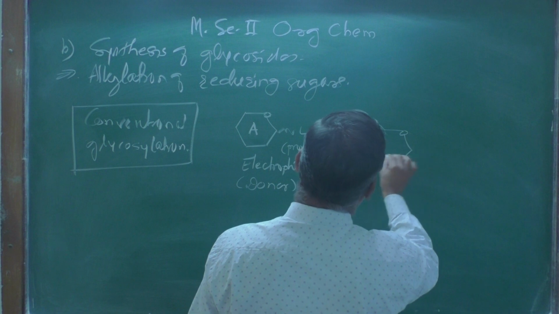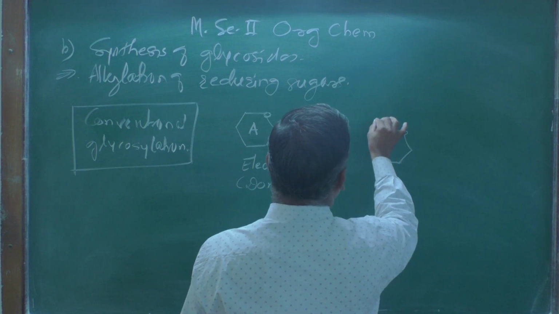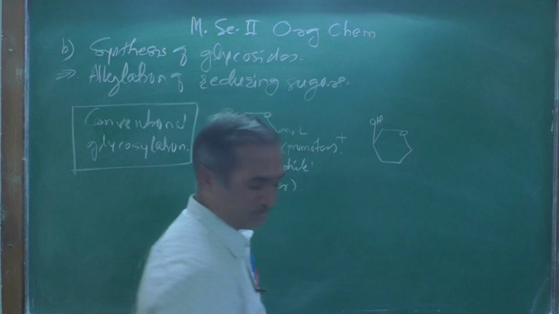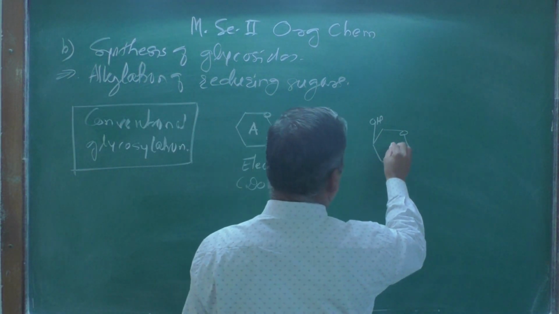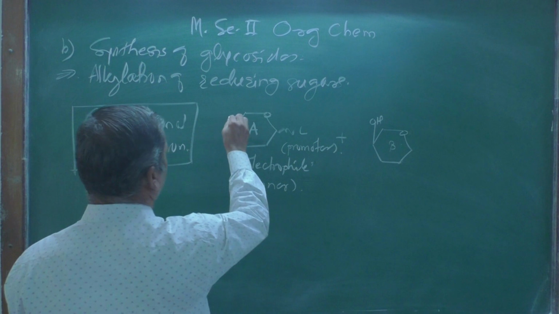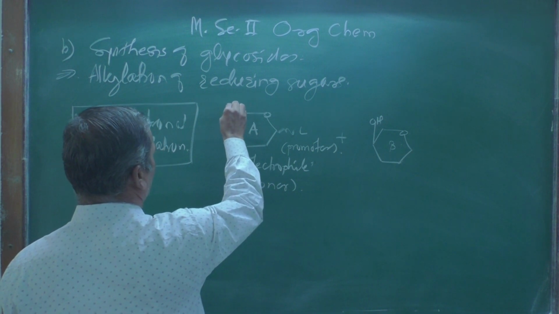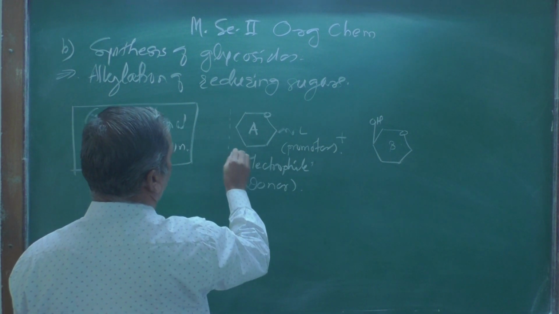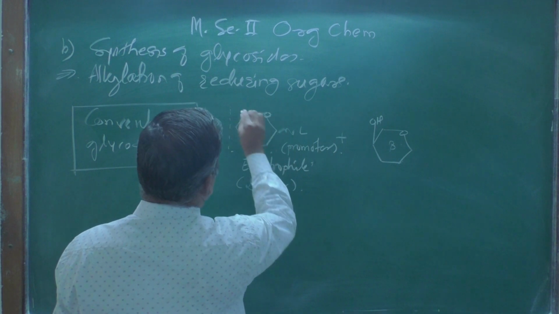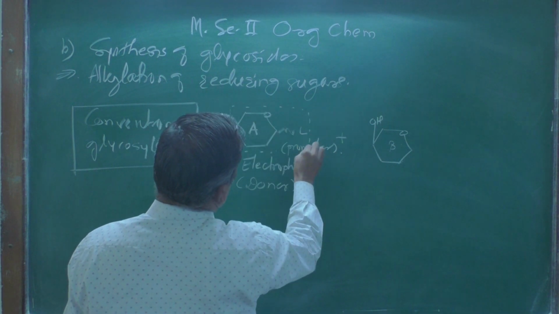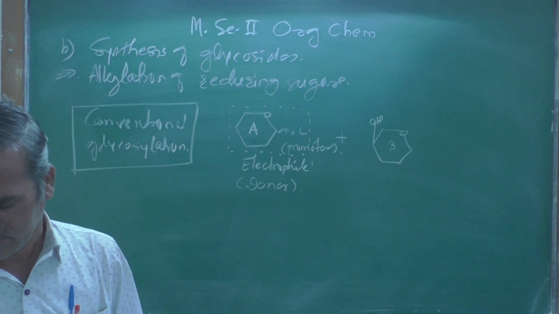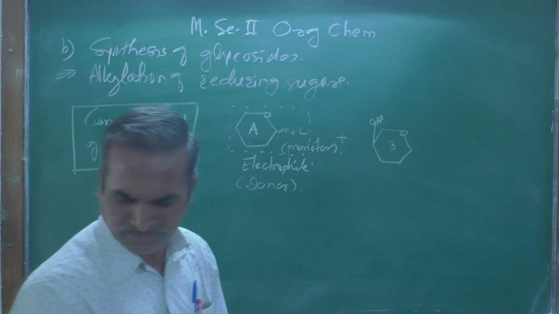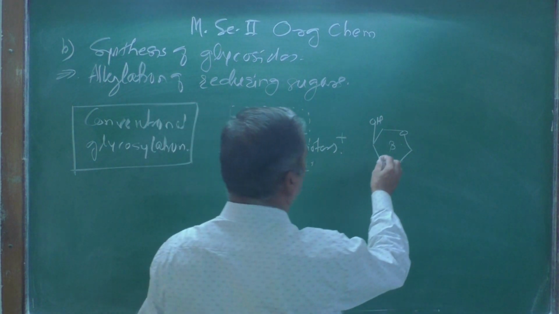See this one. Now here is a hydroxy group, and this ring you can call the B ring. You can show these two rings in a box so that you can remember it in a better way.